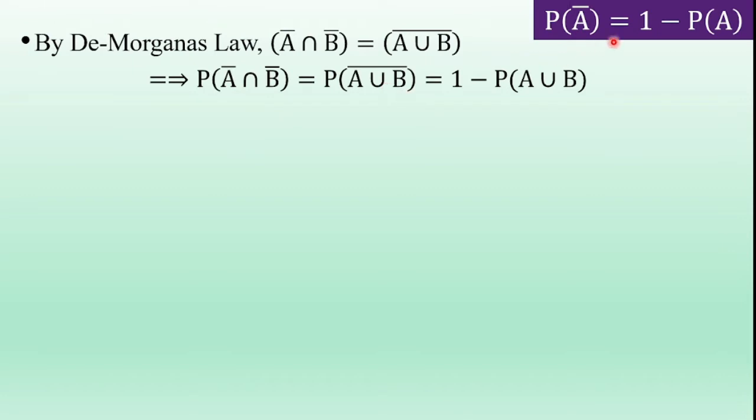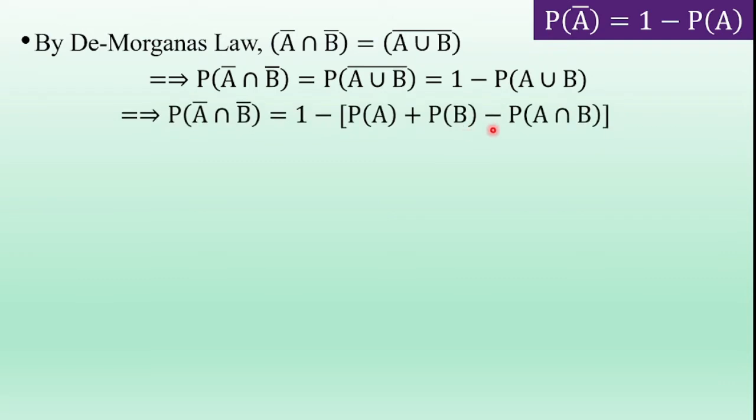We know that probability of A bar is equal to 1 minus probability of A. Using this expression, probability of (A union B) whole bar is written as 1 minus probability of A union B. Using the addition theorem, probability of A union B is probability of A plus probability of B minus probability of A intersection B.